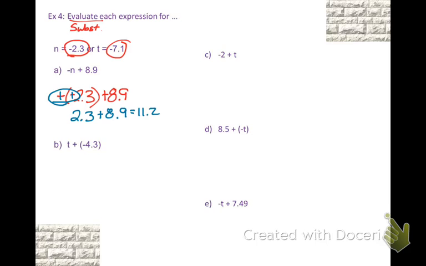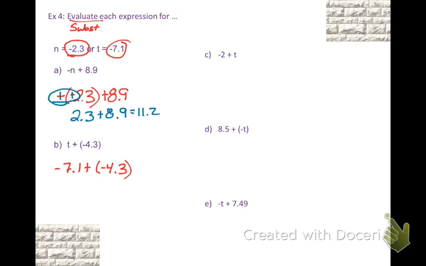B, T, and there's no negative in front of it, so you don't have to put an extra negative. So T is negative 7.1 plus, and then they have it, negative 4.3.